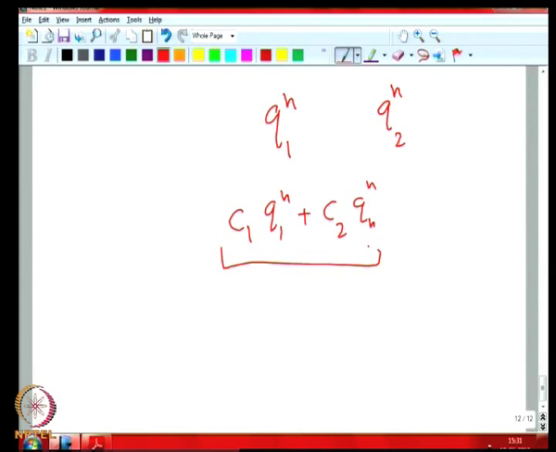So, we showed it by explicitly writing two equations, multiplying one of them by C1 and the other equation by C2, and then adding them together. We showed that is indeed the case, and therefore we can think that this is the solution. So, for instance, if you substitute this in the recurrence relation for any value of C1 and C2, it is working out. Now, we just put n equal to 0 and see what is happening.